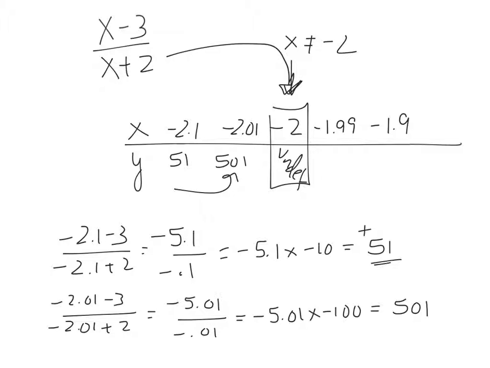Other side? Okay, so let's take negative 1.99 and plug that in. Negative 1.99 minus 3 over negative 1.99 plus 2. So this becomes negative 4.99 on the top, that's a minus, over 0.01, which is a positive on the bottom. So negative 4.99 times 100 is negative 499.